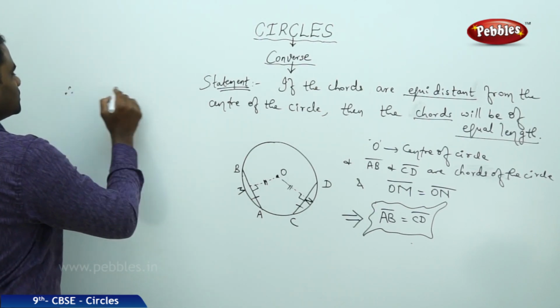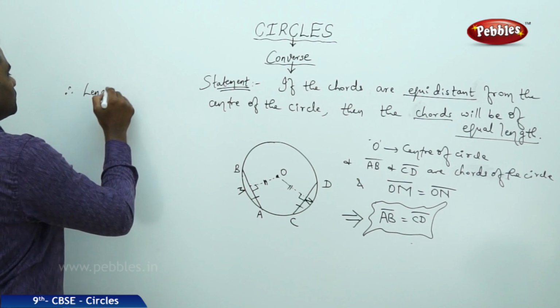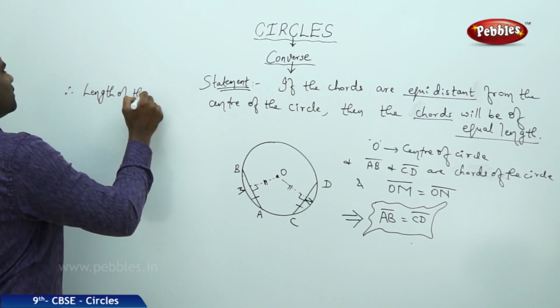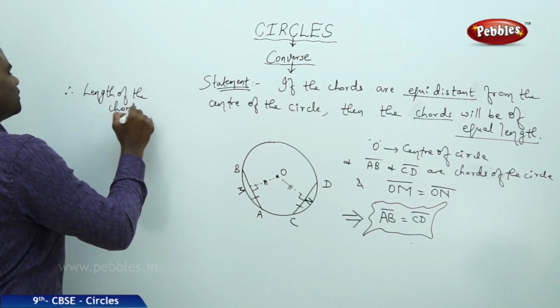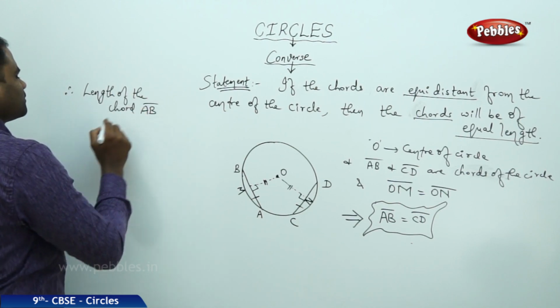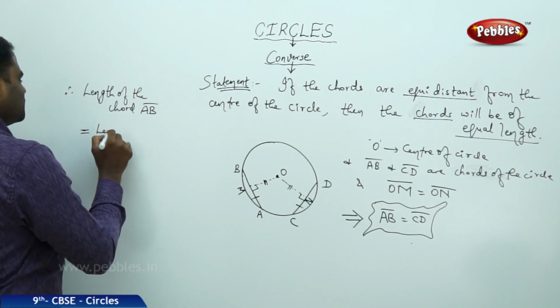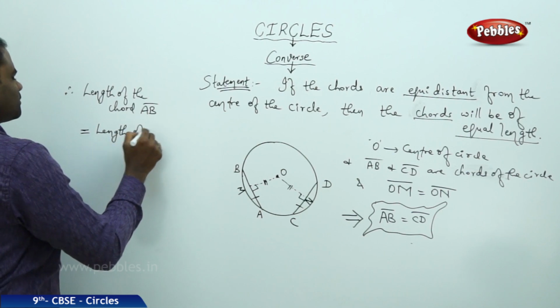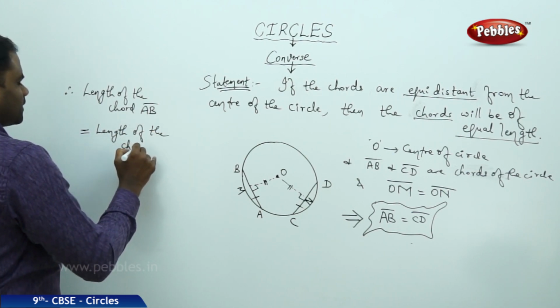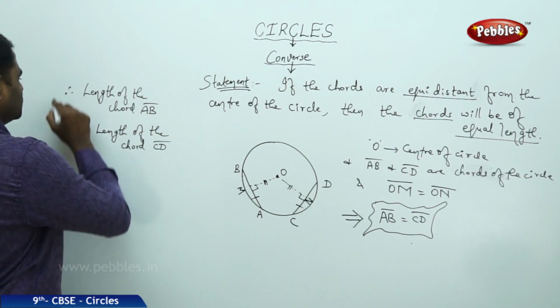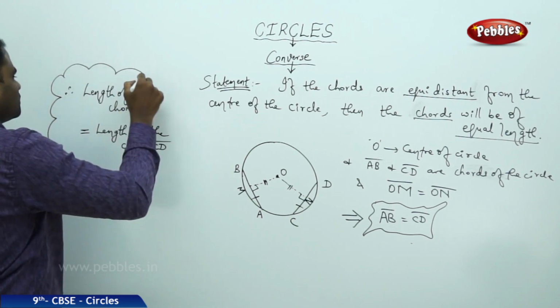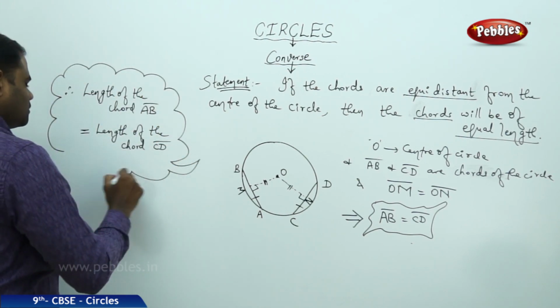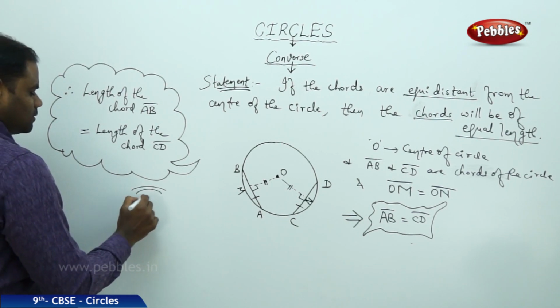So I write this in this way, that length of the chord AB is equal to length of the chord CD.